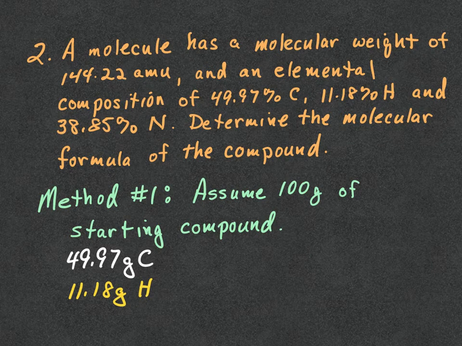Right? And 38.85% of 100 would give us 38.85 grams of nitrogen. Now we can use these as our starting masses and work the problem just like we did the last one.